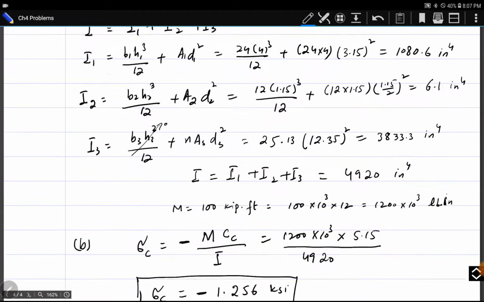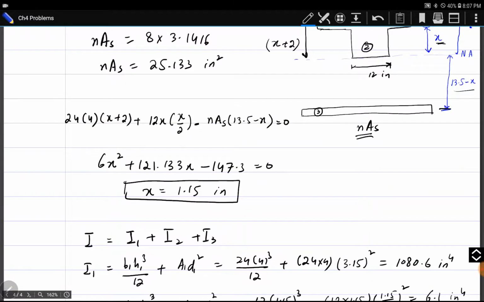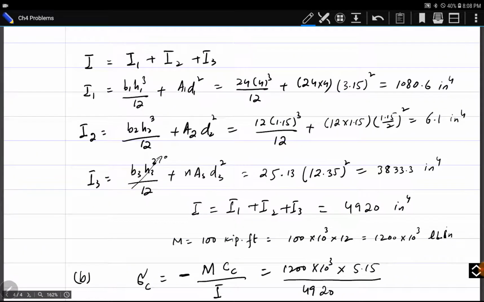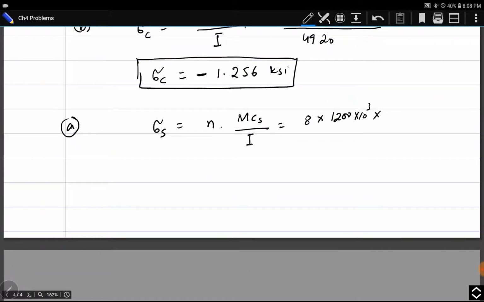C for steel is the distance of the outer surface of steel from the neutral axis, which is 13.5 minus x, 13.5 minus 1.15, it becomes 12.35, divided by I, which is 4920. So sigma for steel becomes 24.1 into 10 power 3 psi, or 24.1 ksi.